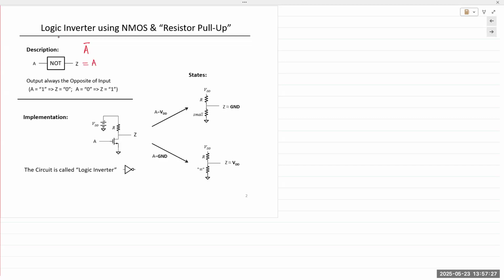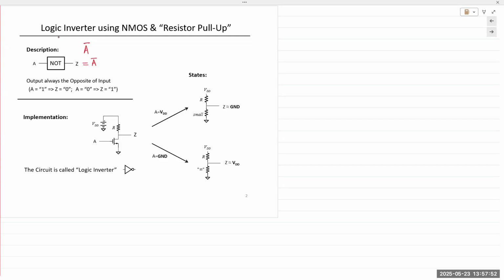So output Z is A not. We looked at this at the end of the BJT chapter. Remember, we showed a single BJT inverter circuit. The BJT is on or off, depending on its state. The output could be inverted, right? Even in an amplifier, if you apply a sinusoidal or any kind of AC waveform, the output is inverted.